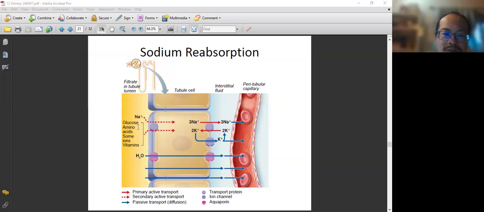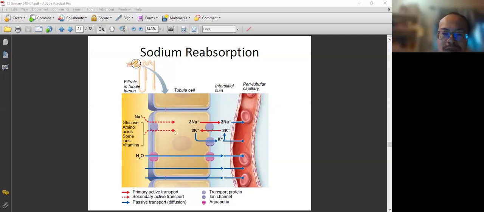We also reabsorb glucose, amino acids, and some other ions and vitamins. Their reabsorption uses a co-transporter, which will be a sodium co-transporter. So when sodium diffuses over by concentration gradient through this transporter, it will carry glucose together with it. It will carry amino acid with it.